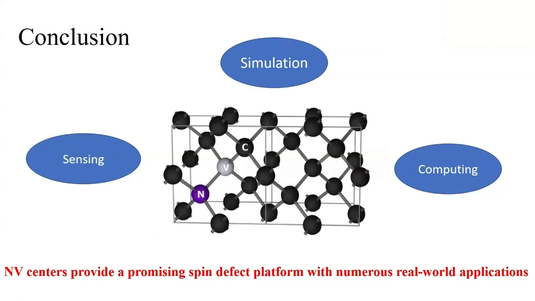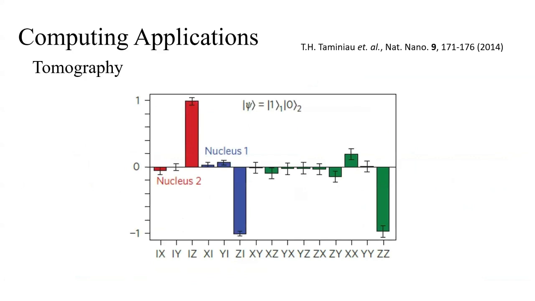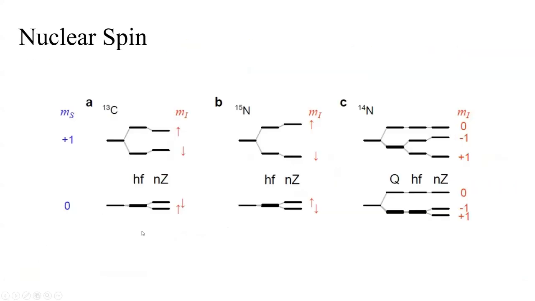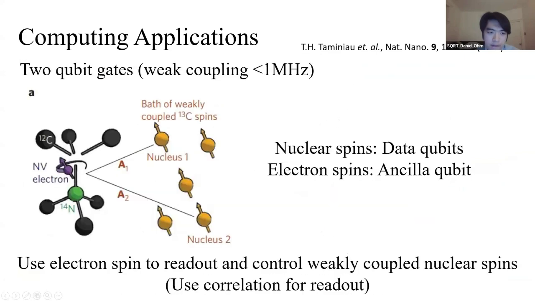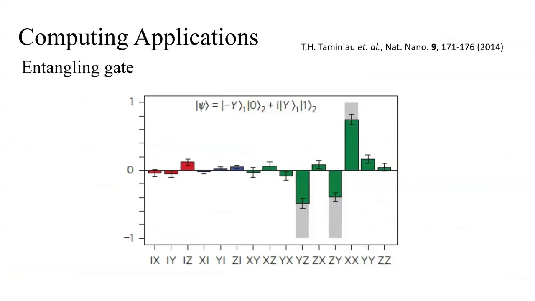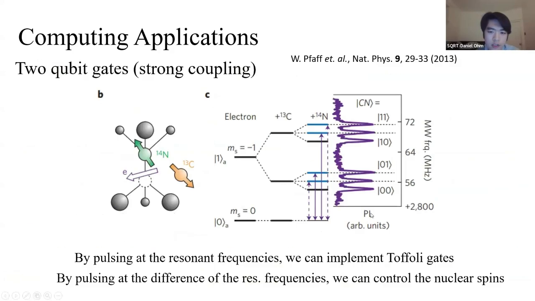Okay, I have a couple of questions. To be clear, you cannot perform computations at room temperature with NV centers. Is that right? You can, actually. But you cannot perform the strong coupling here, only weak coupling.